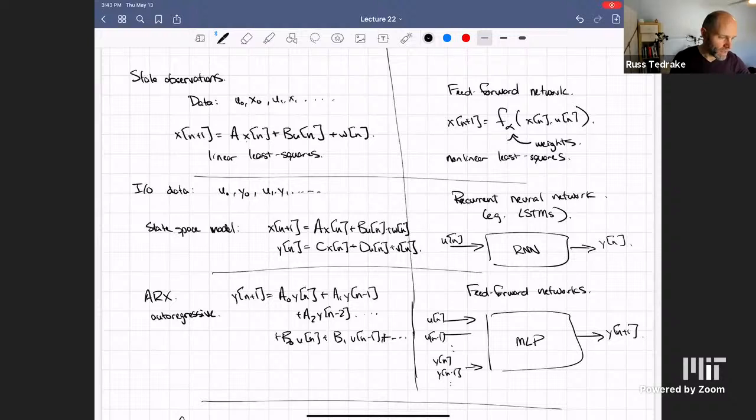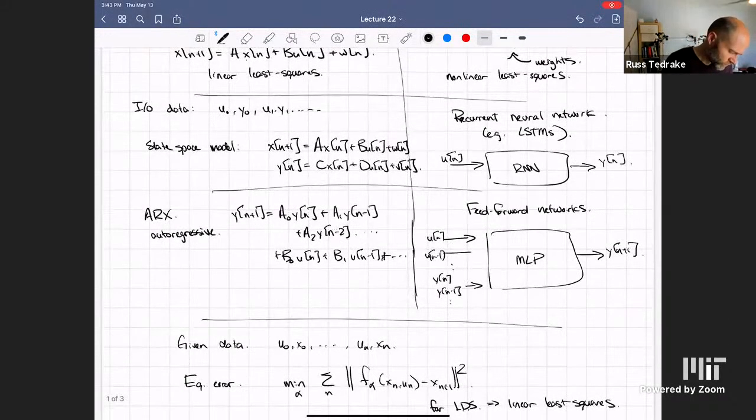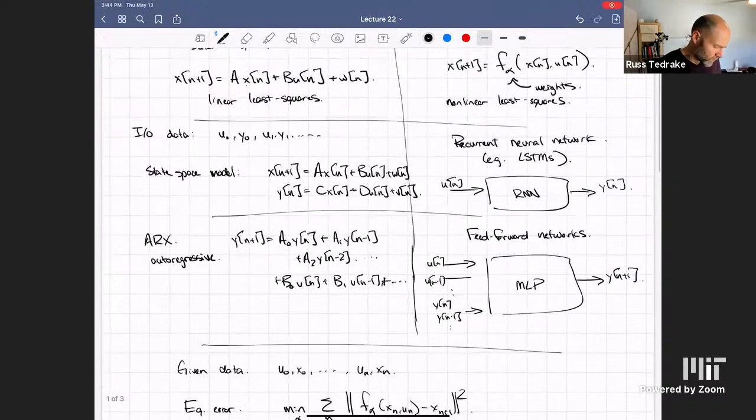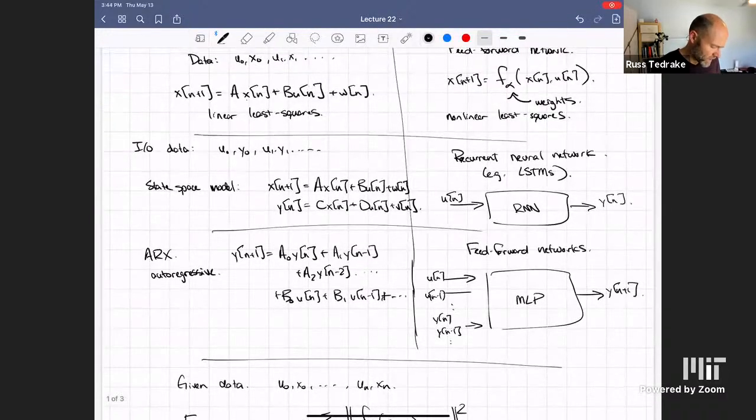So why not use a model like that? I mean, we can, but what are the pros and cons of using a model like that? First off, let me say what you're probably thinking, which is that, of course, I can go back and forth between these two.